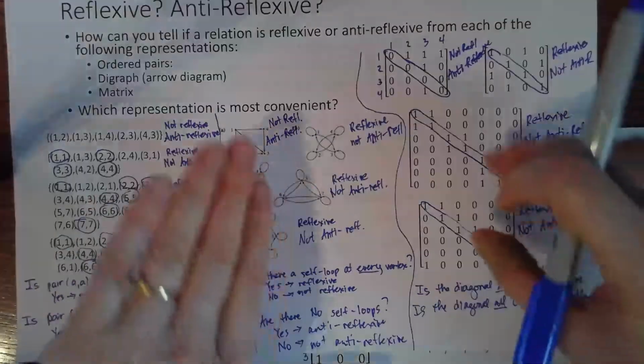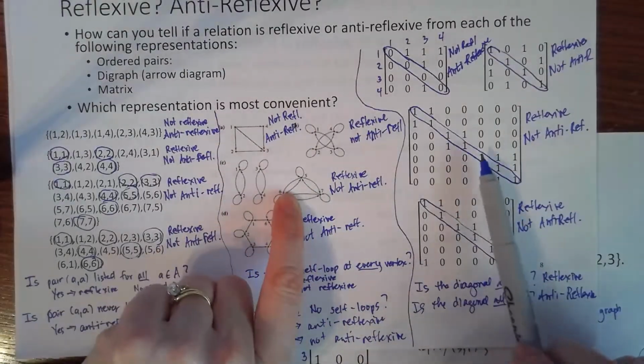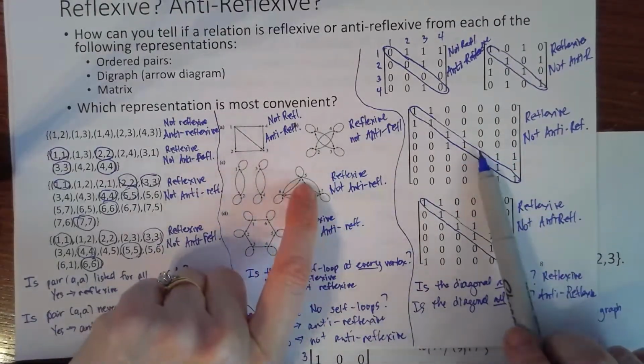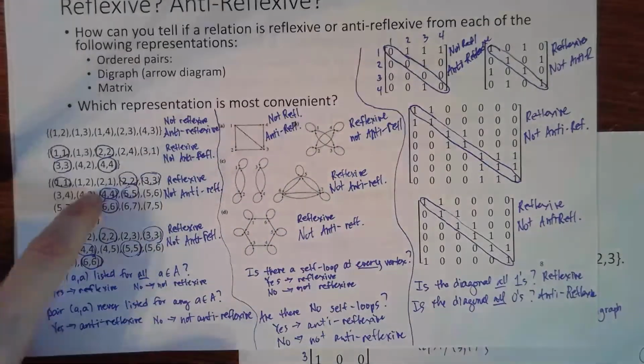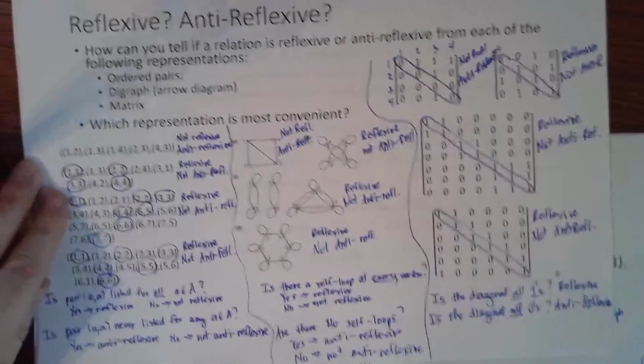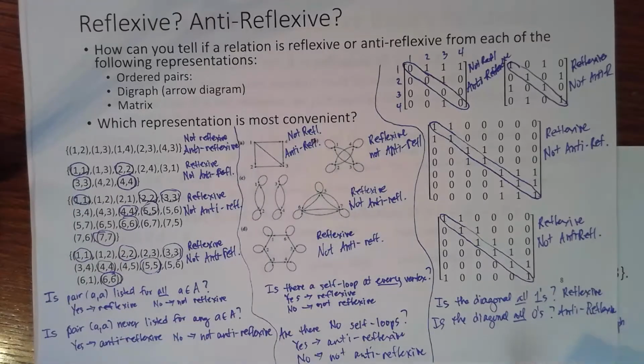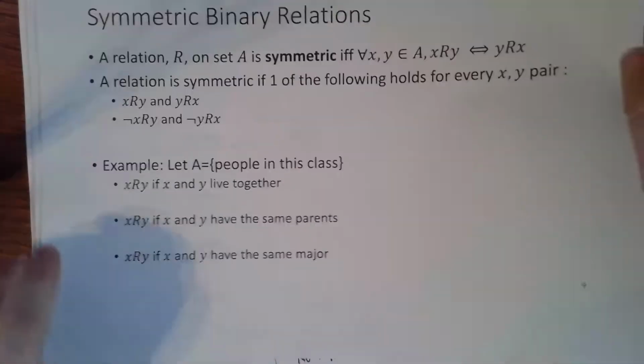But clearly these two representations seem to be much more convenient to quickly ascertain the reflexive, not reflexive property than trying to go through a list of ordered pairs. So that is our first couple relationships, the reflexive, anti-reflexive.